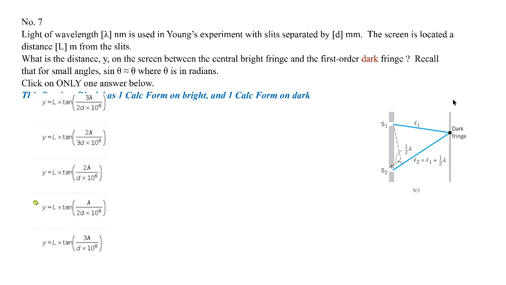But those technical experts may call it the third order dark fringe. I'm not one of the technical experts, but for me, it would be the first dark fringe and then the second dark fringe. For the second dark fringe, you don't use 2, you use 3.